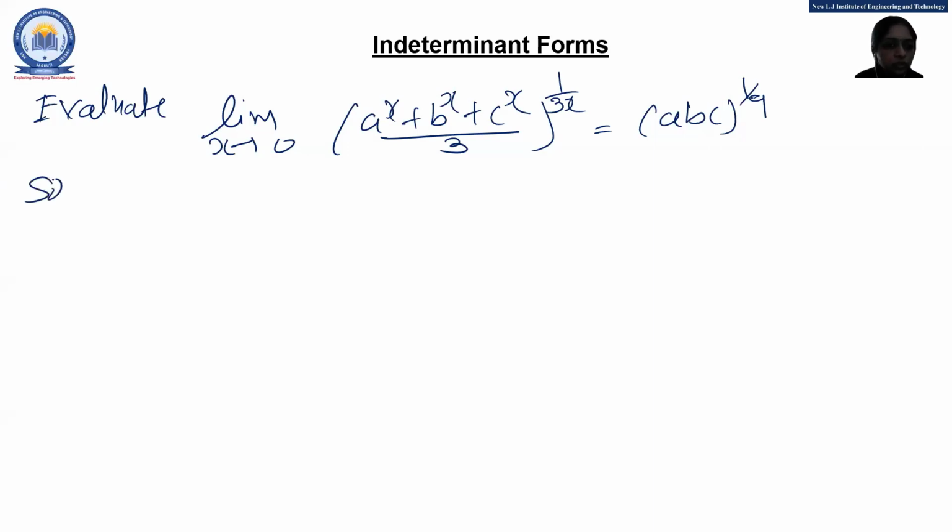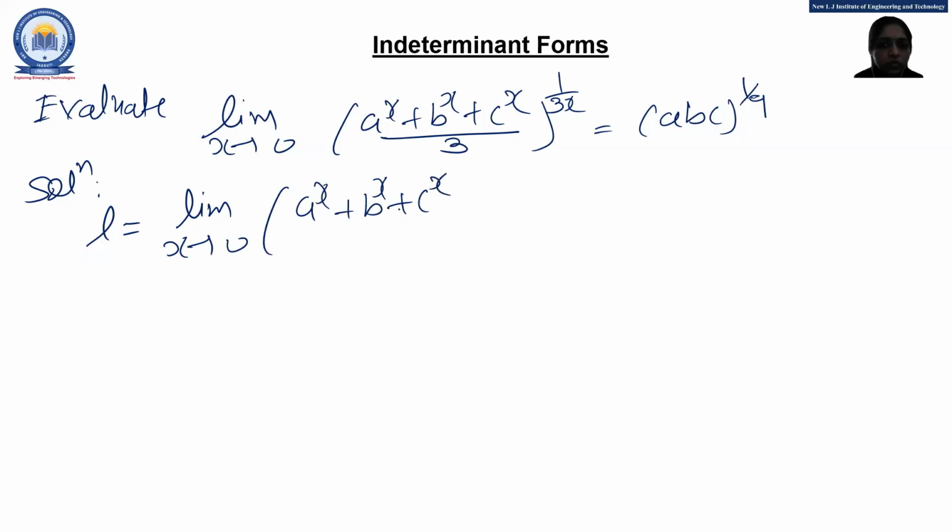So the solution is L equal to limit x tends to 0 of ((a raised to x plus b raised to x plus c raised to x) upon 3) whole raised to 1 by 3x. As you know, if we apply x tends to 0, then this is 1 raised to infinity form. See, this is 1, 1, 1. The 3 by 3 is 1, and 1 upon 0 is infinity. So 1 raised to infinity form is there.